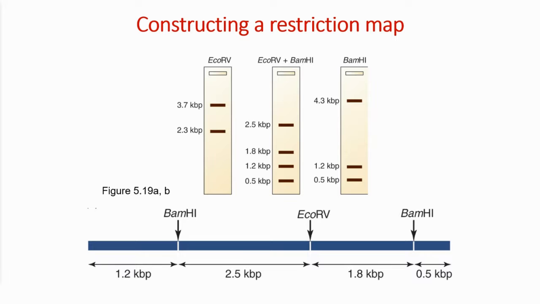That's good. And then to determine which one is the correct arrangement, we go to the third step to look at enzyme 2. For enzyme 2, we see the digestion gives you 4.3, 1.2, 0.5.